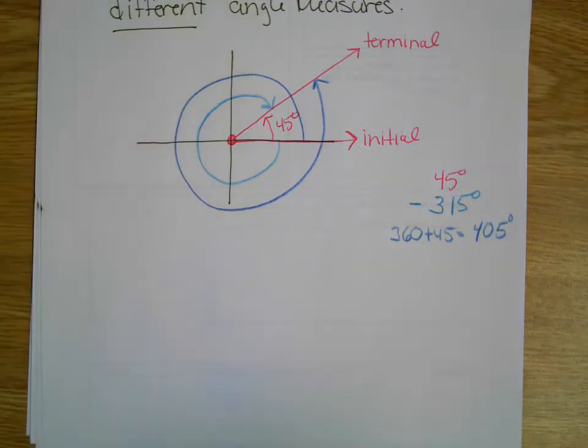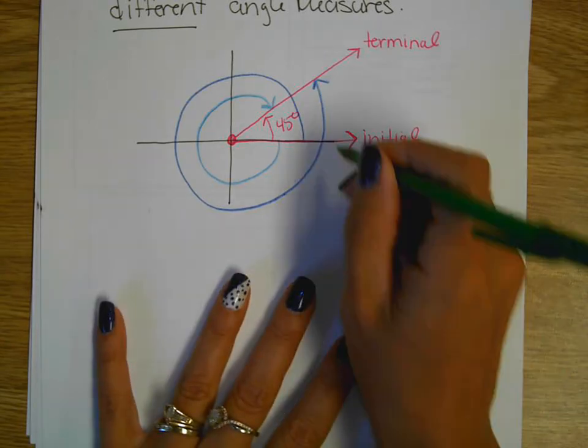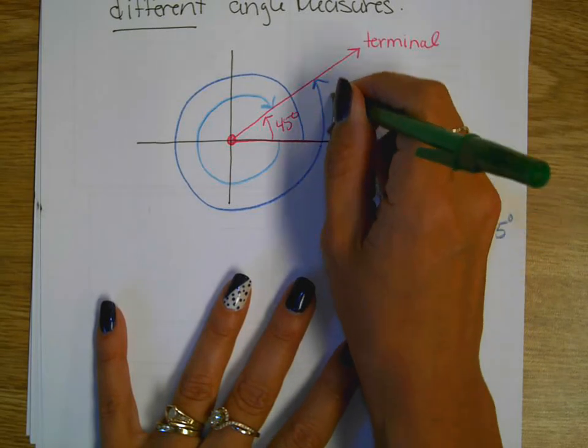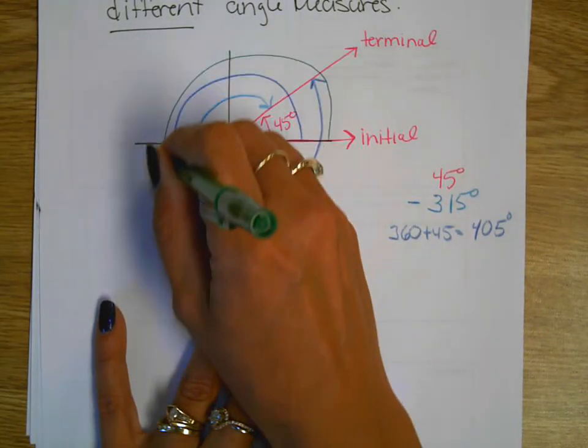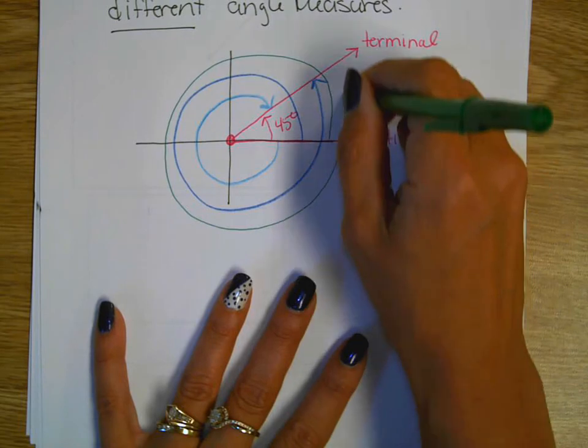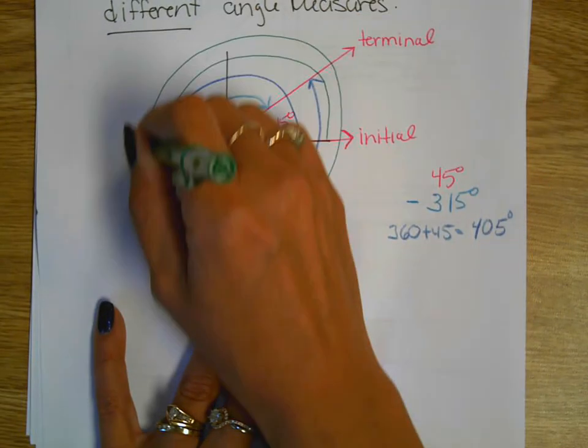I'm running out of colors. This will be the last thing we do. Go around again. Blow by it once. There's the 405. I'm going to blow by it again.